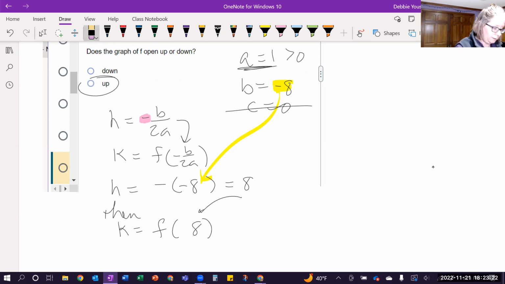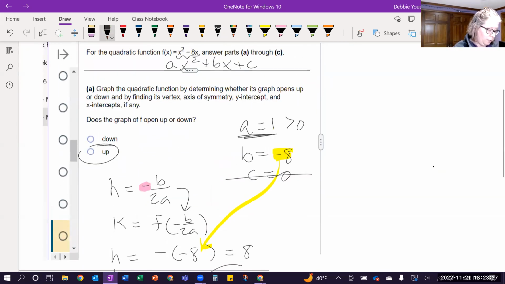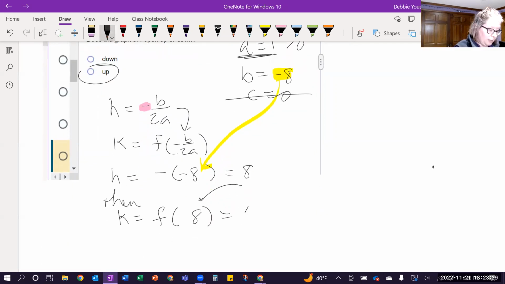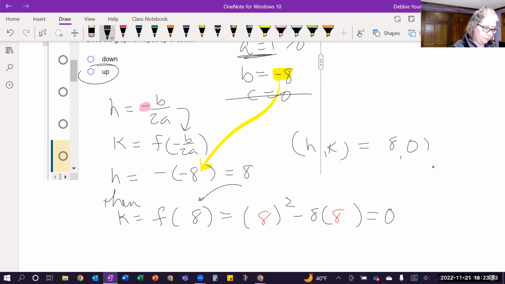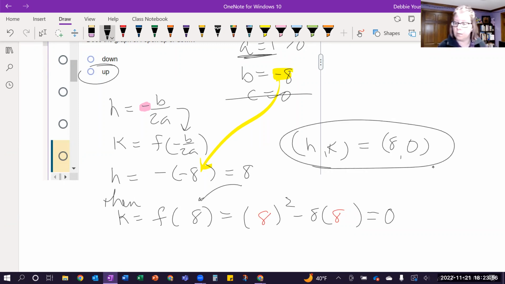And so that means I'm taking my equation, x squared minus 8x, and in place of the x, I'm putting 8. I'm going to grab my calculator, 8 squared, 64, minus 8 times 8. Oh, that's also 64. So this whole thing is 0. So that tells me, therefore, that (h, k) is (8, 0). That's what I should enter.